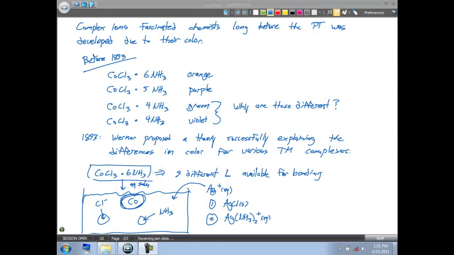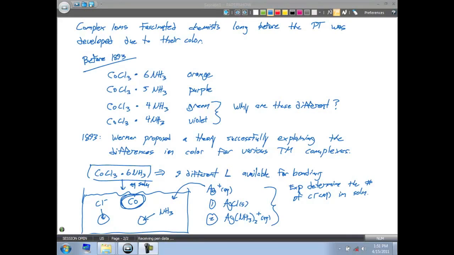And we learned this from our qualitative analysis scheme. You've seen evidence of these particular reactions. So what we can determine experimentally, from these results, is the number of Cl minus ions in the solution.